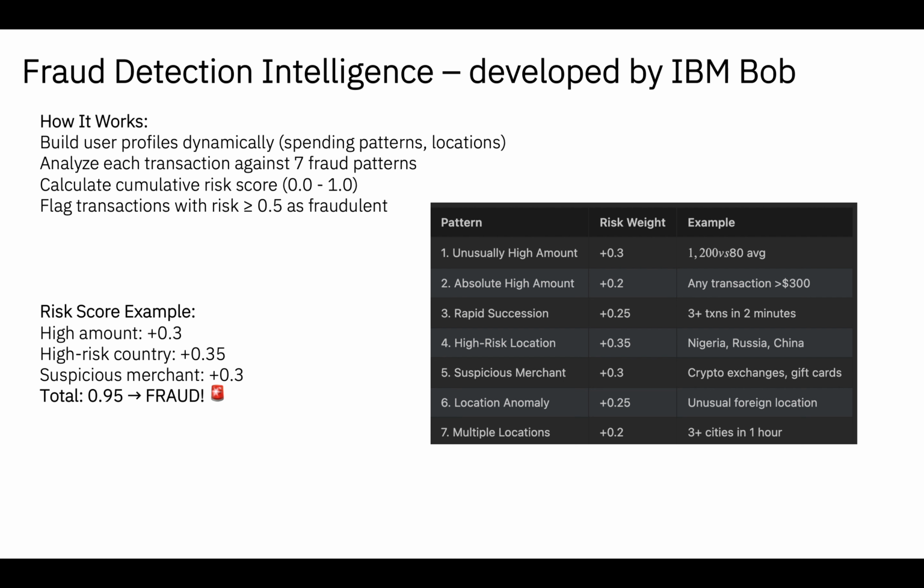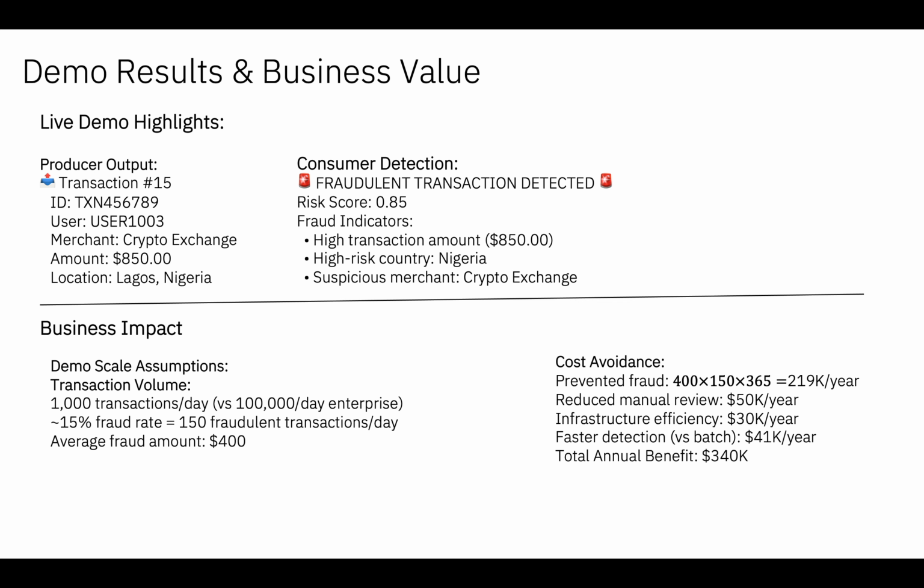Here the success rate is definitely much higher, and there are very few false positives. There are 7 criteria being used, and for each profile the scores add up, and based on that, if it reaches 0.95, it is flagged as a fraud.